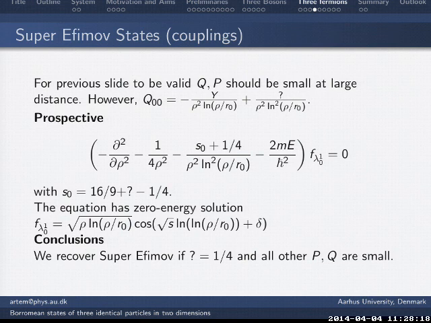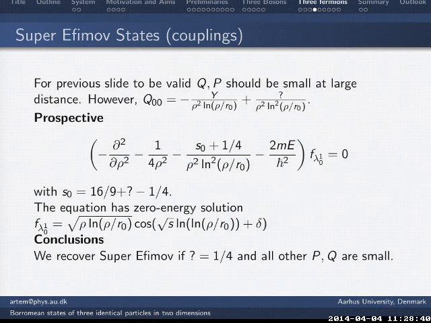So now what do we want to do next? What we want to calculate is this question mark. And if you calculate this question mark and again neglect other couplings, you end up with such an equation. For this equation you can also solve when the energy is 0, and the solution looks like this.